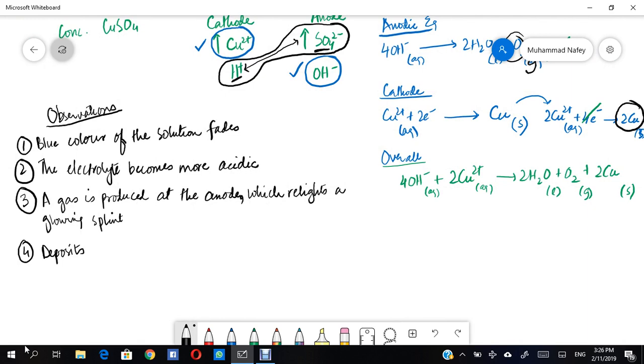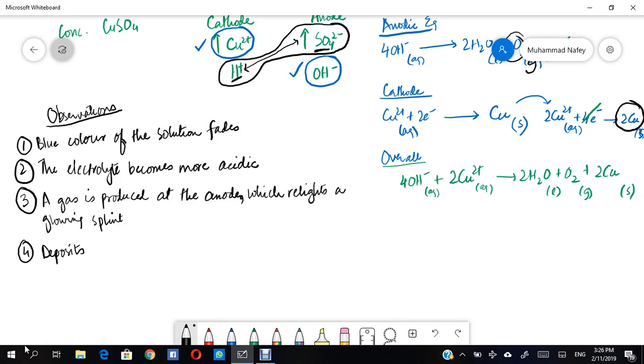If you take a look at a copper wire, it has a slight pink tinge about it. And it's for this reason why your chemistry textbooks and CIE call the color of copper pink. So what you will see underneath the cathode is pink deposits of a substance which we know as a metal, and it's copper. And we mentioned the color of the deposit as well.